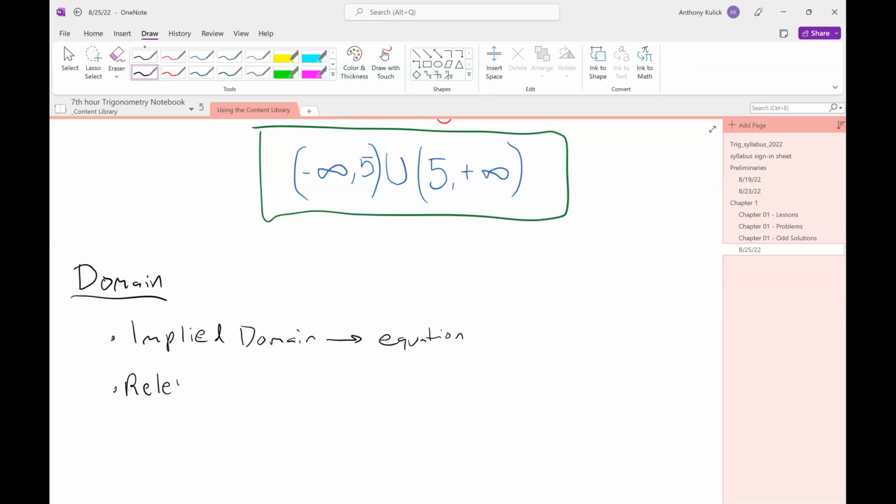And then there's the relevant domain. To get that, we're going to use the equation and the context of the variables. Everybody okay with this?